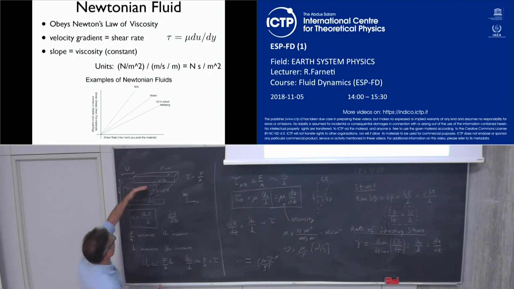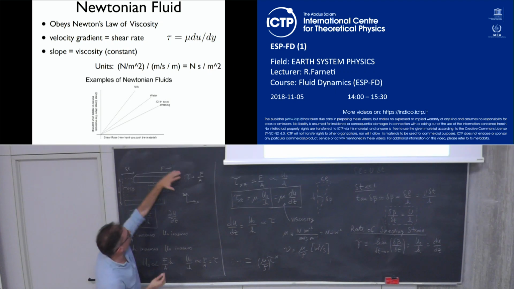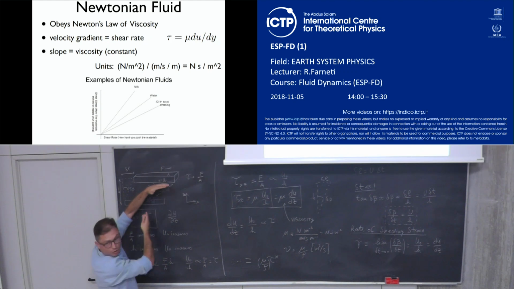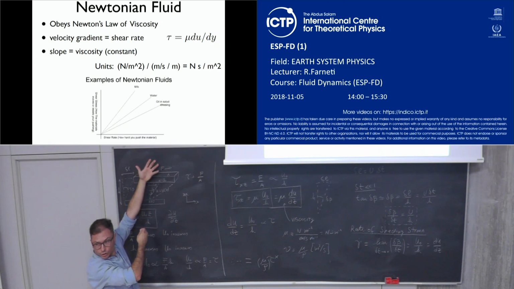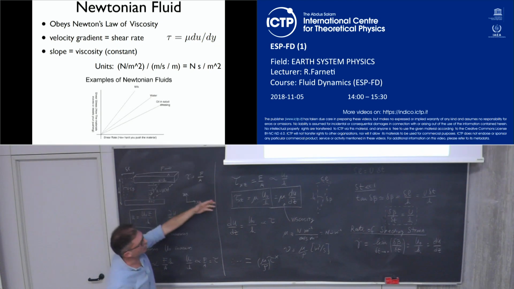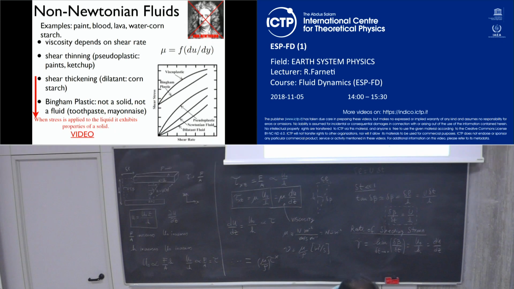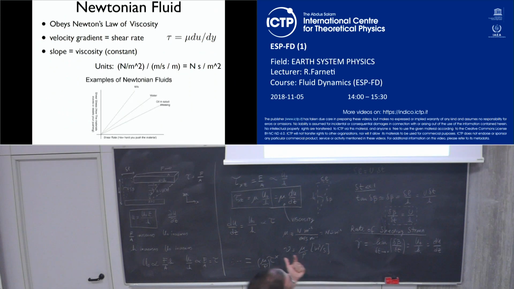Okay, for example, this is the surface of the ocean, wind is blowing in one direction, pushing the ocean in one direction, creating a velocity gradient. And that velocity gradient is related to the wind, my shear stress, through a viscosity parameter. Okay? And that parameter depends on many things.